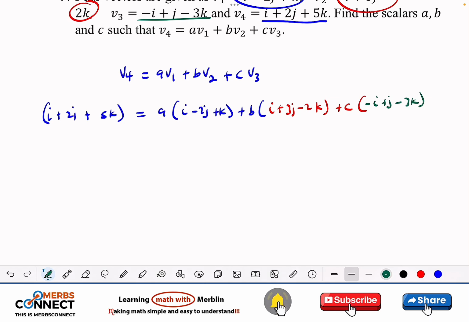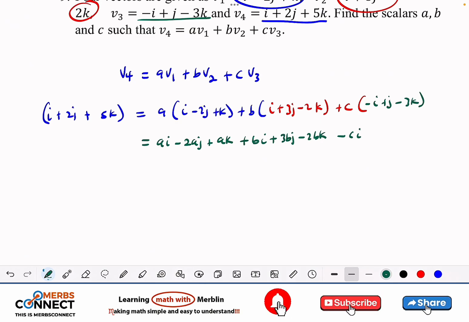So let's see what we can do. What we are going to do is we are going to expand the right, group items with I, J, K, then we equate it to the left. So this is the same as AI minus 2AJ plus AK plus BI plus 3BJ minus 2BK plus minus CI plus CJ minus 3CK, right?